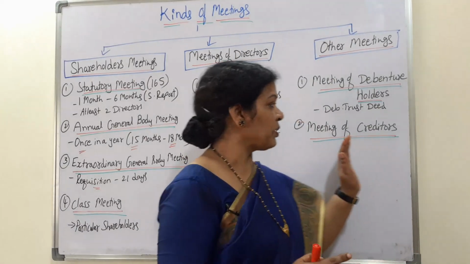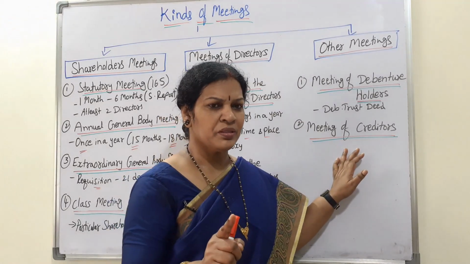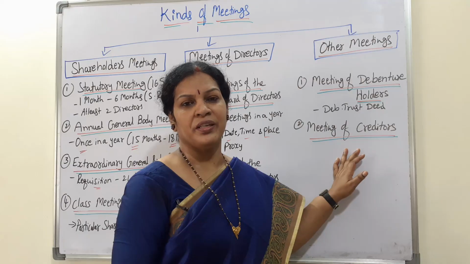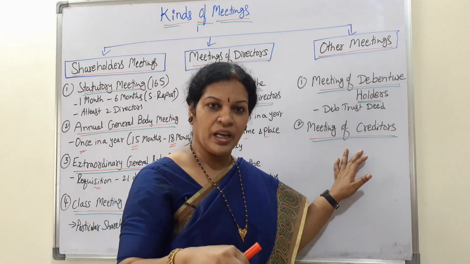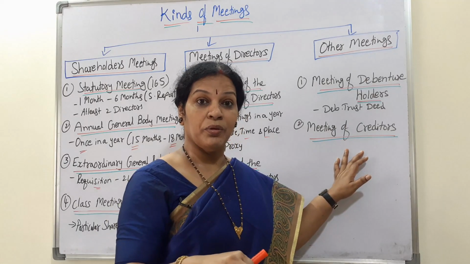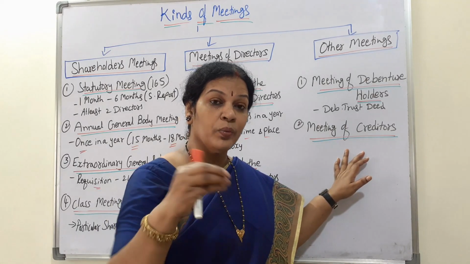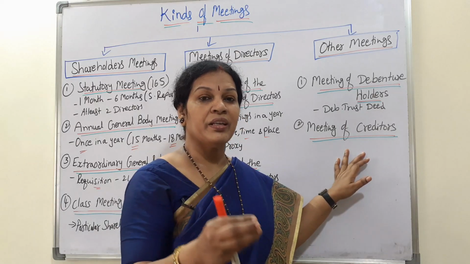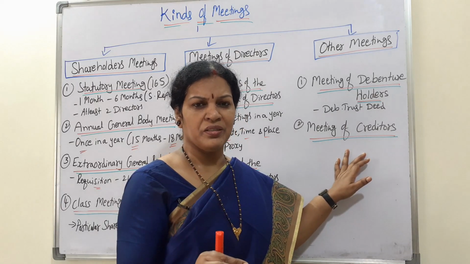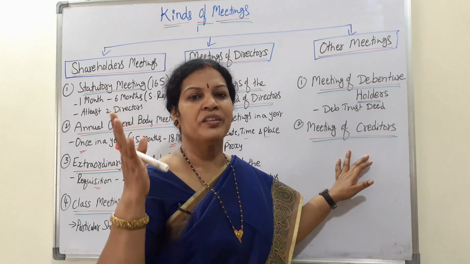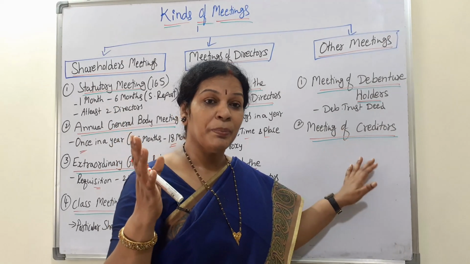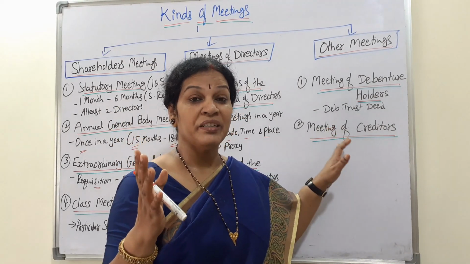Sometimes we have to conduct meetings with the creditors also, to discuss their capital, the loan amount they have supplied and how it is utilized, giving an assurance about the organization's activities, just giving them confidence that we are doing everything transparently. For that purpose, we can conduct a meeting with the creditors.